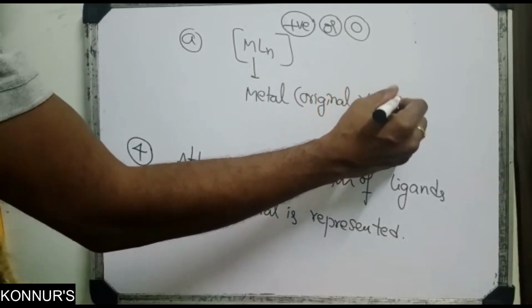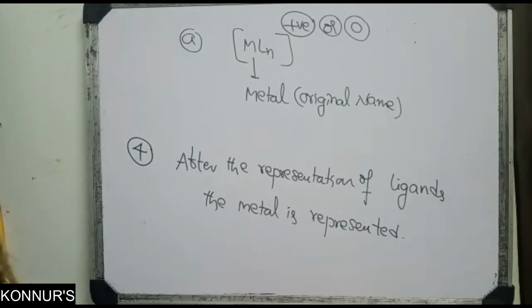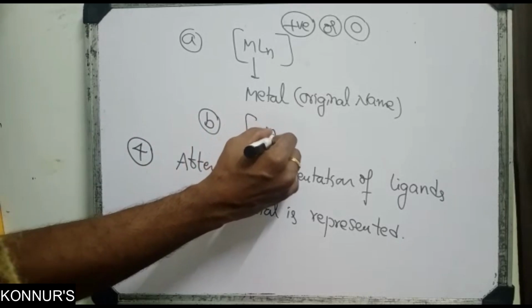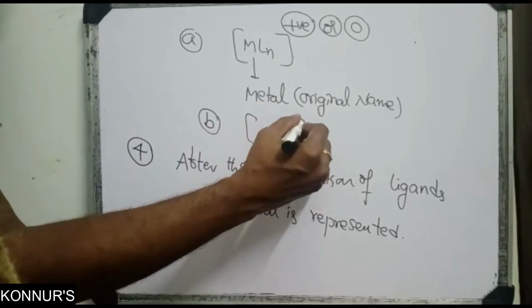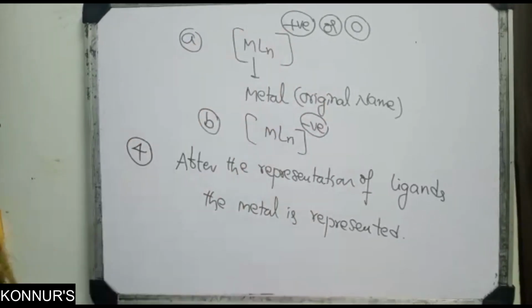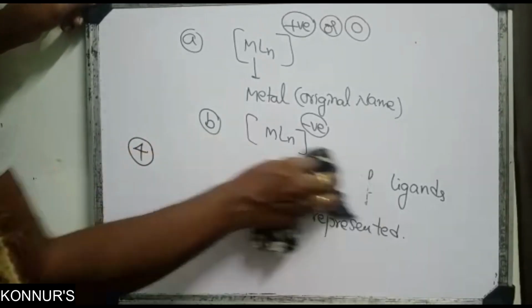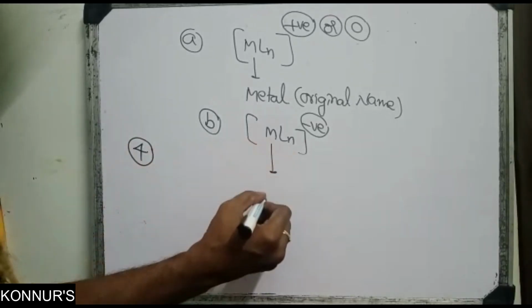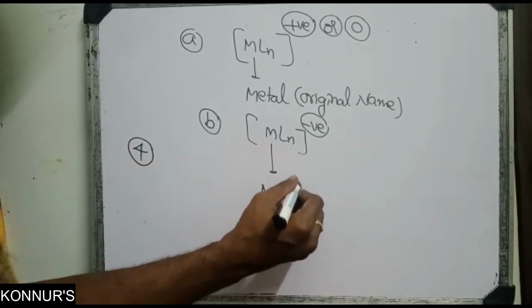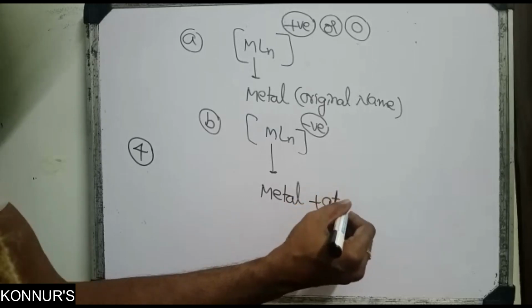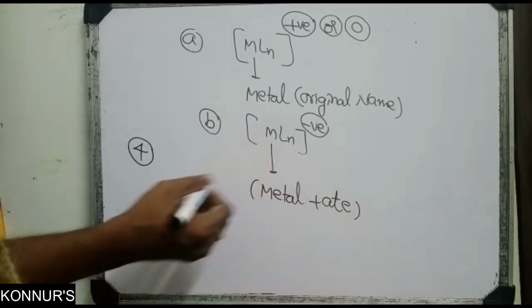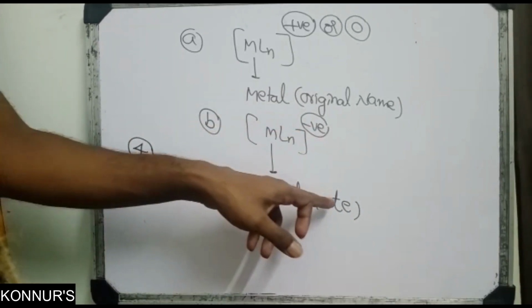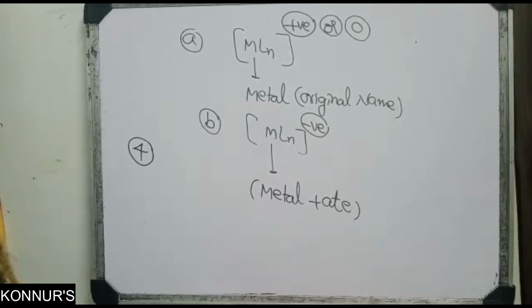Suppose the given complex sphere contains a negative charge. Then the metal name is added with ATE. So if the complex sphere contains negative charge, you write the metal name ending in ate.